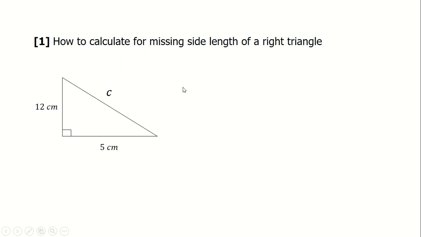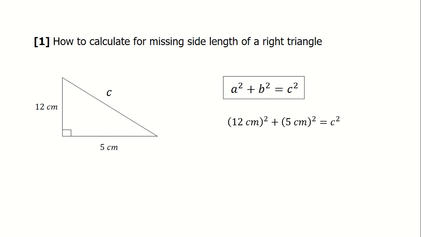We can use the Pythagorean theorem to get that particular value. The theorem states that A squared plus B squared is equal to C squared. So if we assign A as 12 and B as 5, although that can interchange, meaning A can be 5 and B can be 12, it won't affect your calculation.